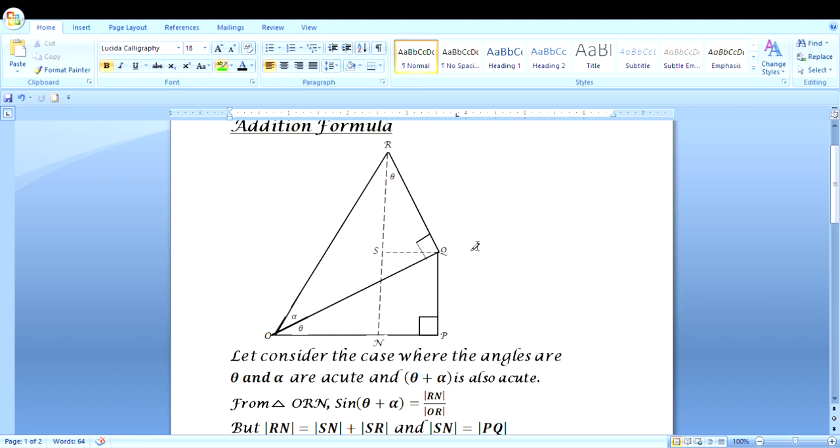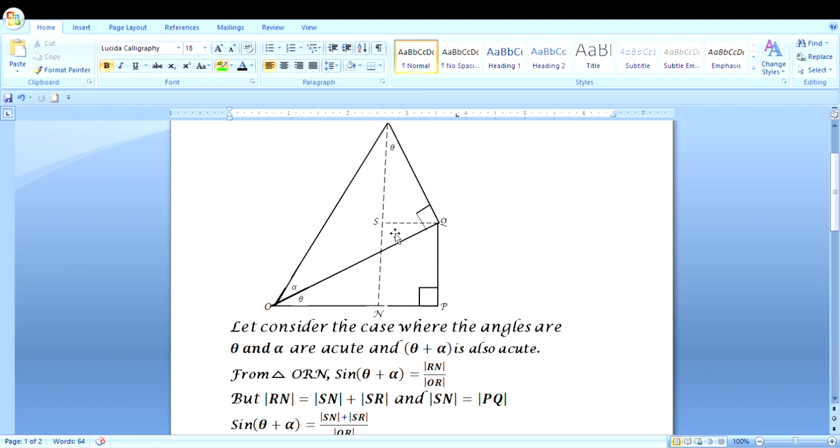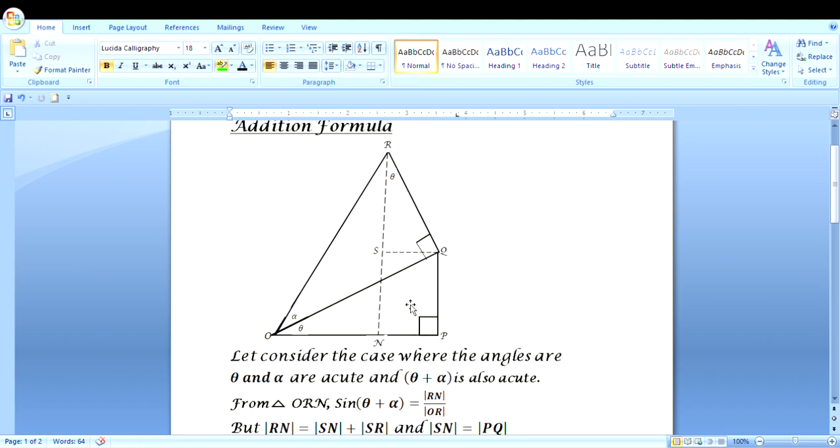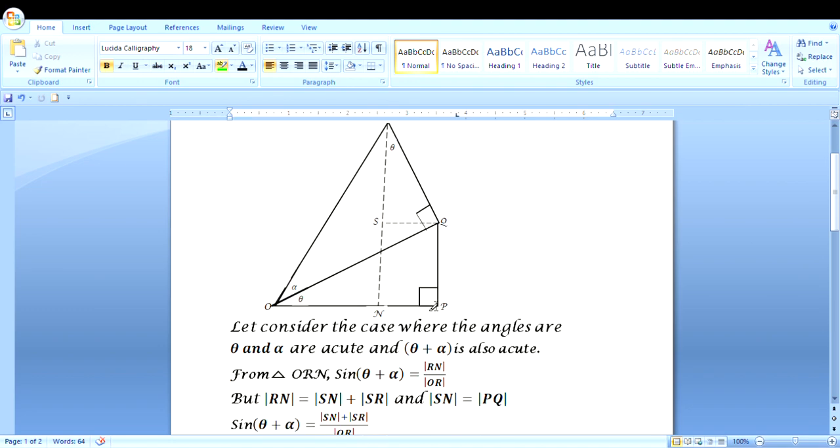Now, but also take note that the line RN is the same thing as SR plus SN, but SN is the same thing as QP. Okay, so we'll be making use of these angles here, and these angles and this angle with the diagrams.